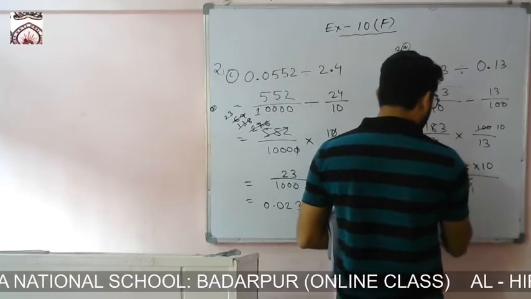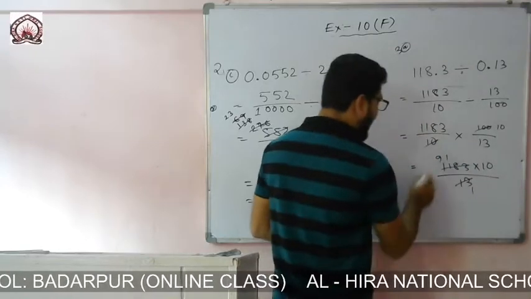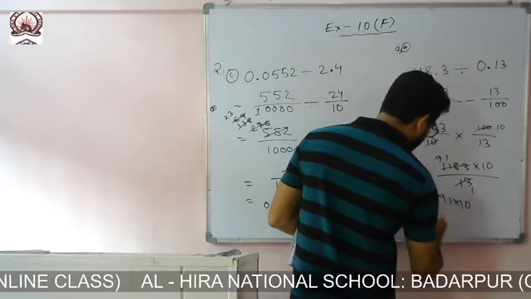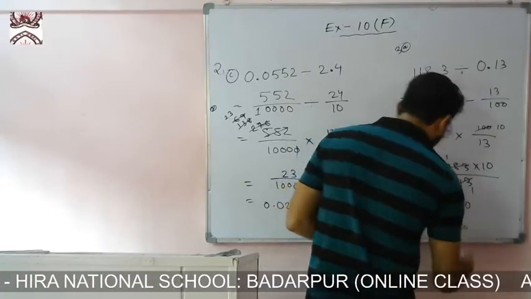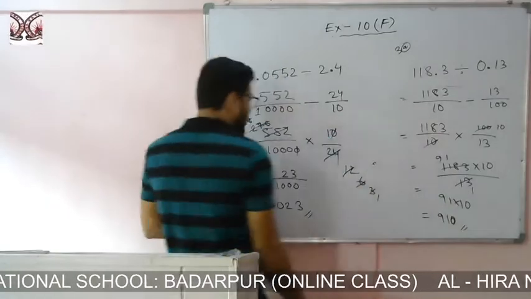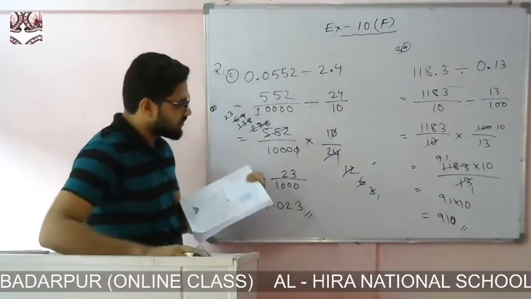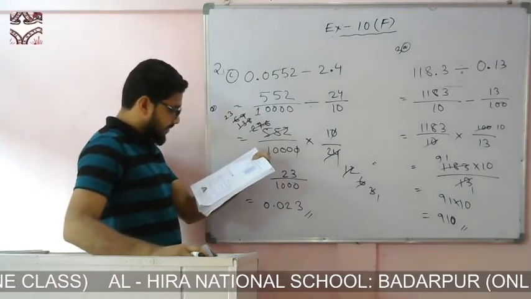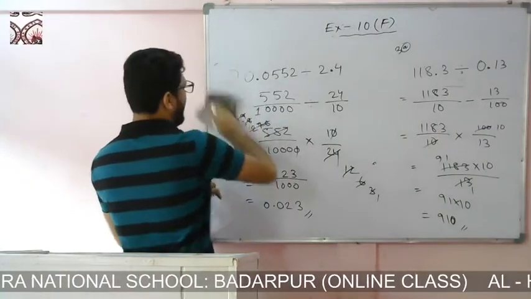Then 13 ones are 13. So 91. So we are getting 91 into 10. That means 910 is the required answer. Okay. Now come to question number B. 3B.